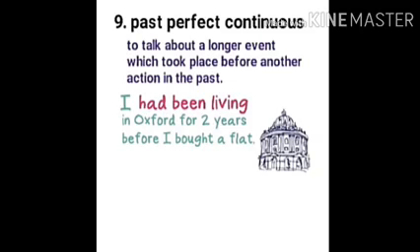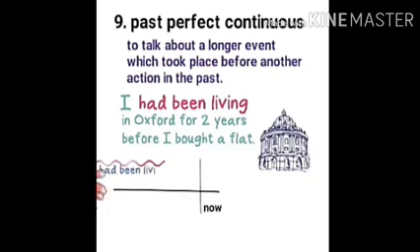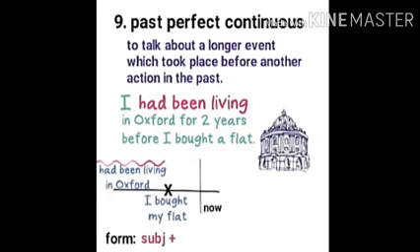So this is a continuous tense and therefore happens over a period of time before another event in the past. So I had been living for 2 years, and on the timeline we can see you had been living in Oxford before you bought the flat. The form here is the subject plus had been plus the ing form of the verb.